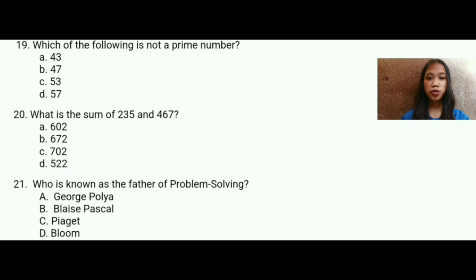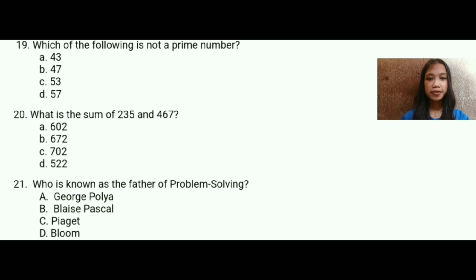So for letter B, Blaise Pascal, this is incorrect because Pascal is known for his contributions to probability and calculus, but not specifically problem solving. For letter C, Piaget, it is also incorrect because Piaget is a developmental psychologist and not focused on problem solving in mathematics.